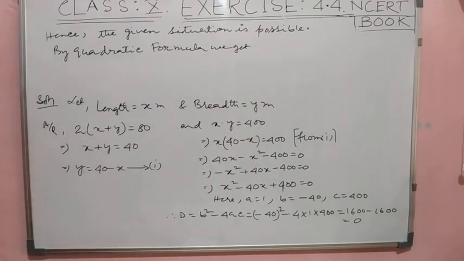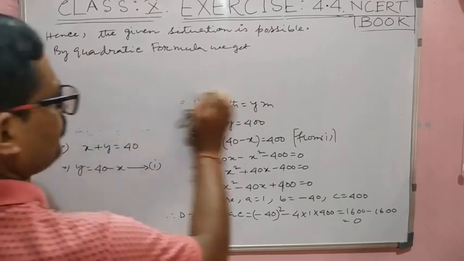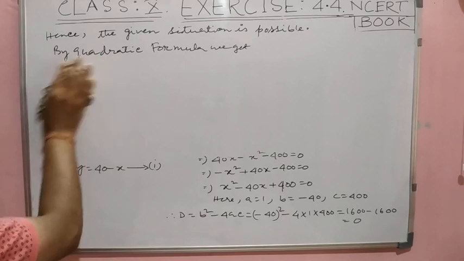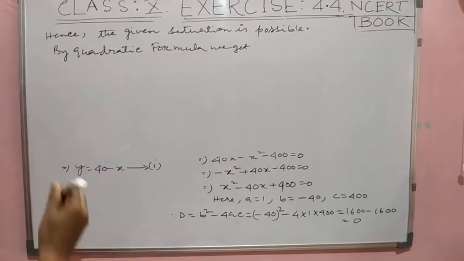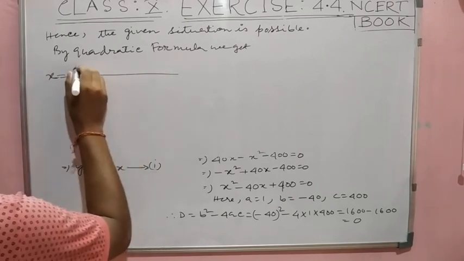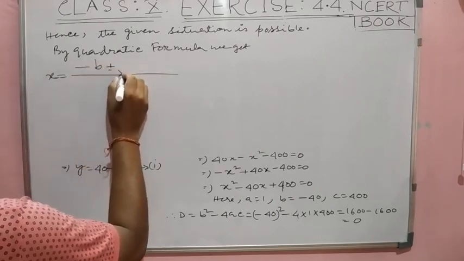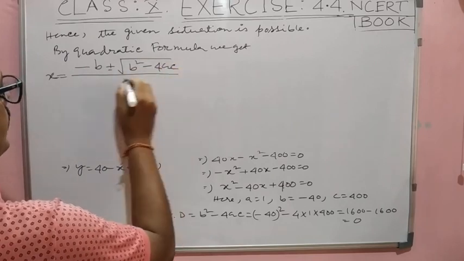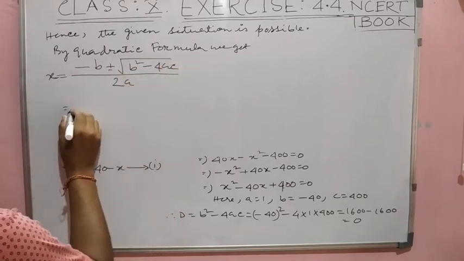what we get? x equal to minus b plus minus root over b square minus 4ac by twice a.